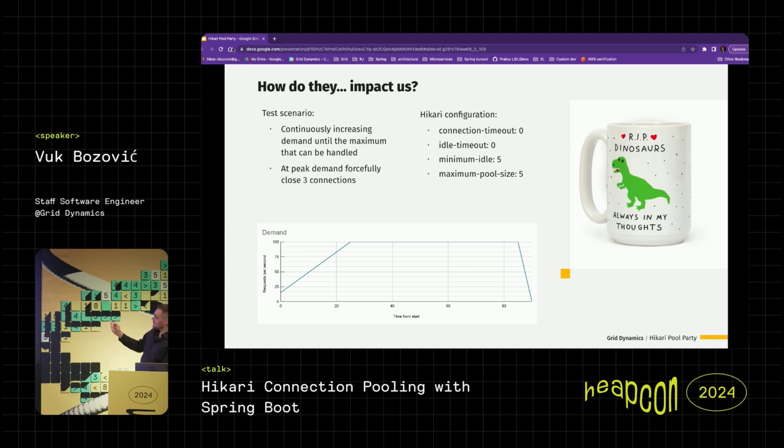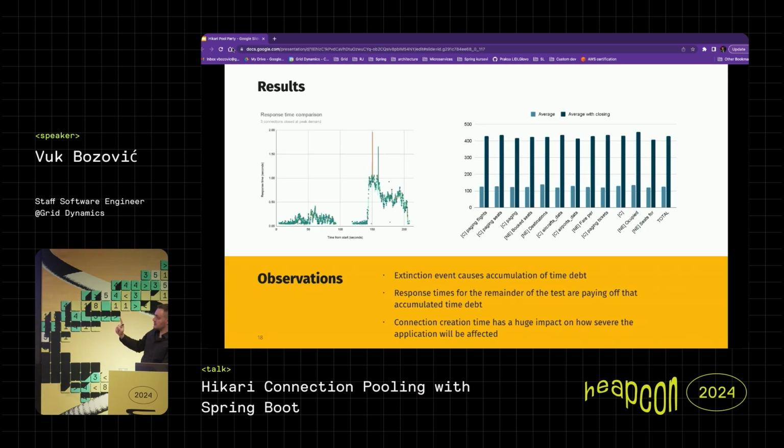This experiment consists of 2 stages. The first half of the graph is our baseline. That's what the demand looks like without closing any connections. The right part, the big spike, is what happens when 3 connections are extinct.